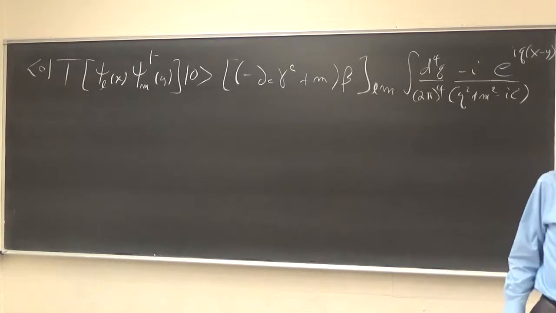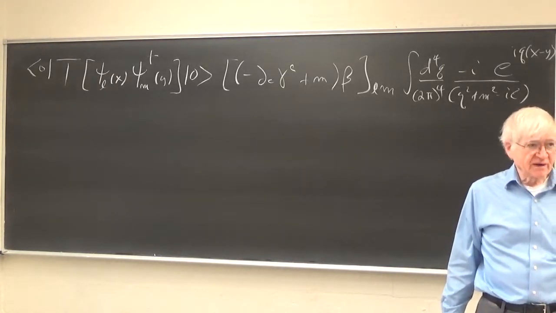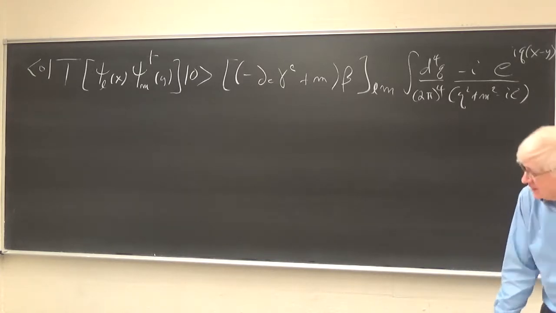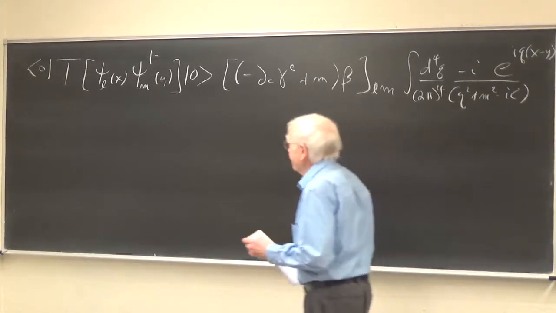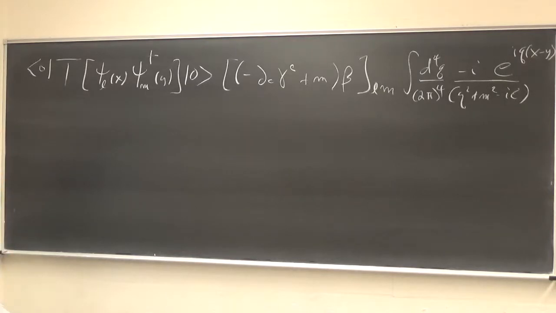One can massage this in various ways. Does anybody have a question about it? Let me remind you that the time-ordered product here has an extra minus sign in it.